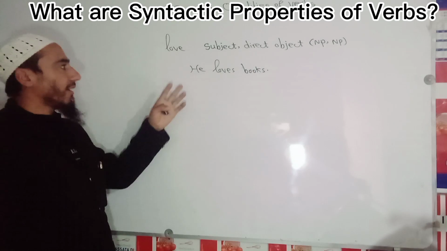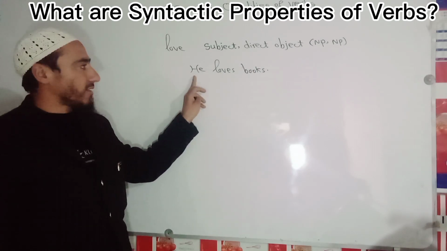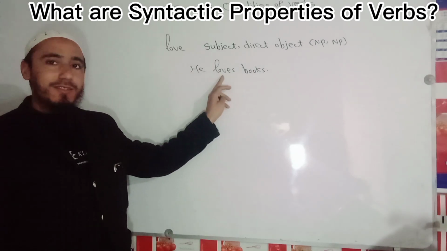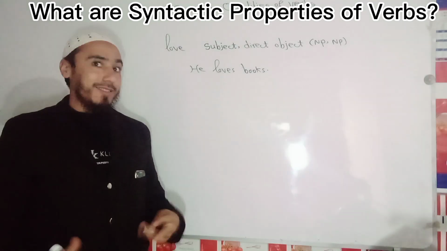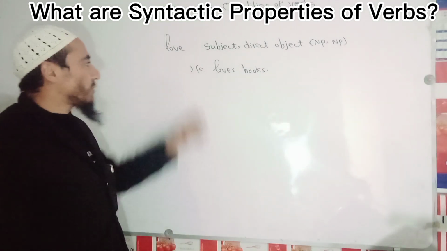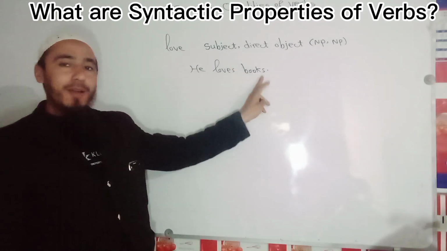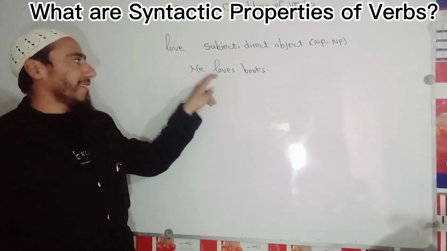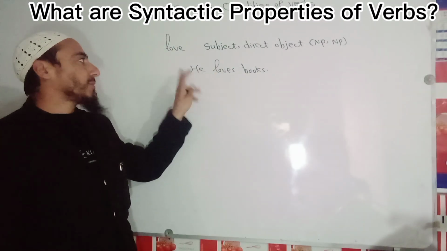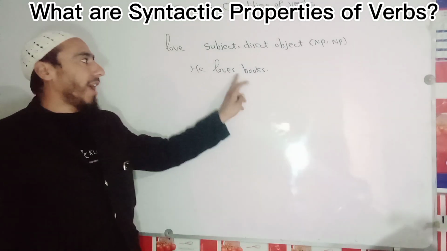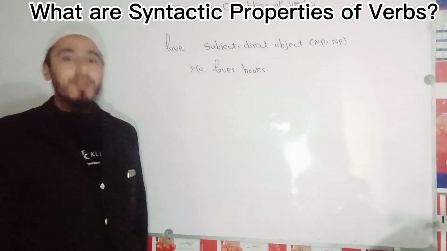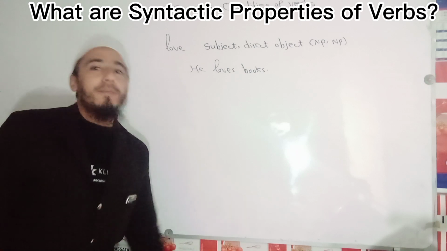So here you see he, that is subject, loves, that is verb, and books, that is object. So here we have one NP and there we have another NP. So loves is preceded by an NP, and it is also followed by books, which is another NP.